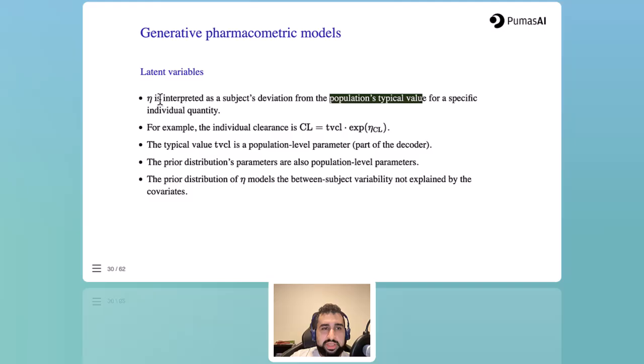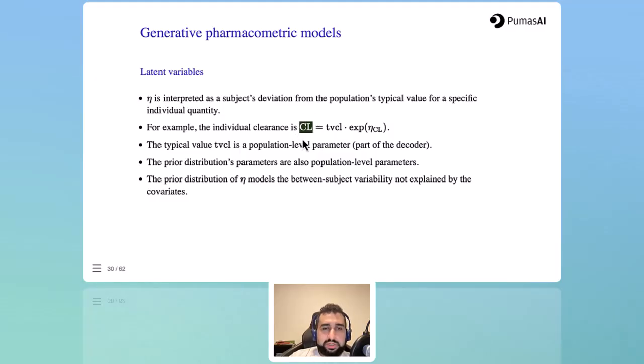Now, I did mention that every individual has their own instance of eta. Right? And the interpretation of that is that this eta here is a specific individual's deviation or difference from the population typical value for some quantity of interest. So, for example, if I take here the clearance rate, which is how quickly the body is getting rid of the drug through the kidney and the liver, usually.